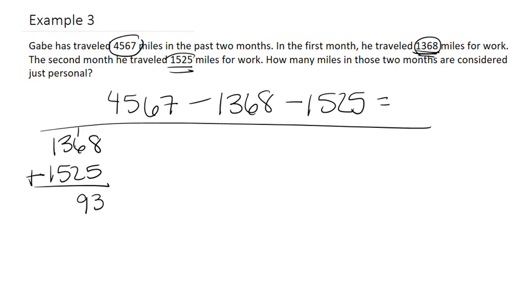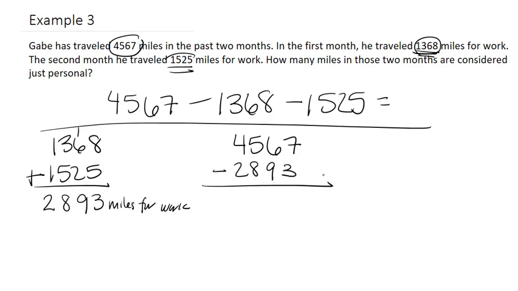We have 3 plus 5, which is 8, and then 1 plus 1 is 2. So now we have determined the number of miles for work. So the next step would be to take this number, 4,567, and we're going to subtract this 2,893. So then we can get just miles for personal.